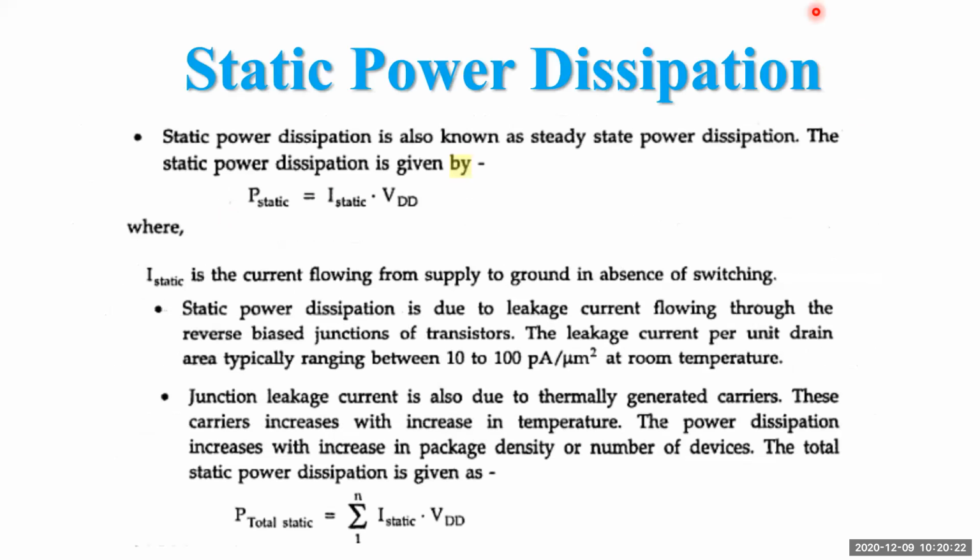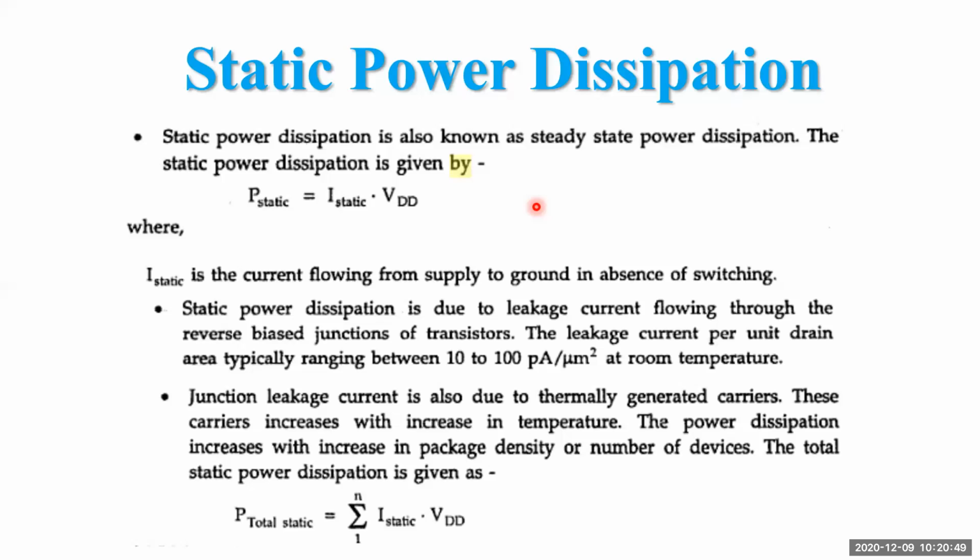Now let us see in detail all these different types of power dissipations. The first one is called static power dissipation. Static power dissipation is also known as steady state power dissipation. Steady state because it's not in the working state, so our entire system will be steady. The static power dissipation is given as P static equal to I static into VDD.